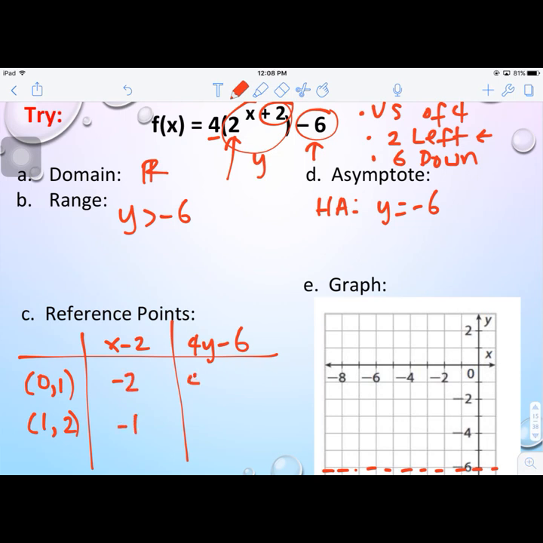Doing the math for the y, it's going to be 4 times 1 minus 6, and that will be -2. 4 times 2 minus 6 will be 2. So we're going to graph the points -2, -2 and -1, 2, and the graph is right there. It's above -6, like we said. So this is how you graph.